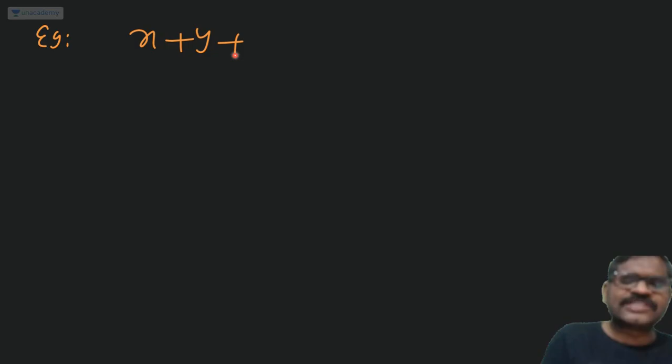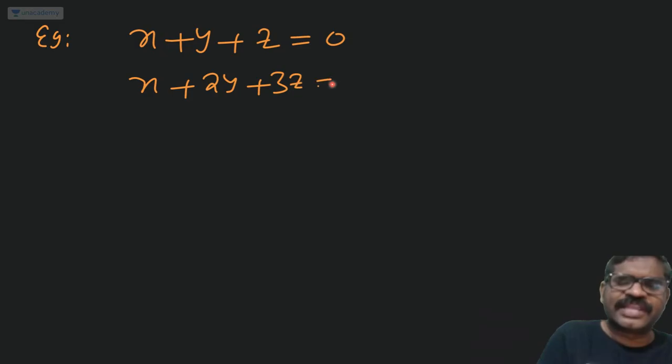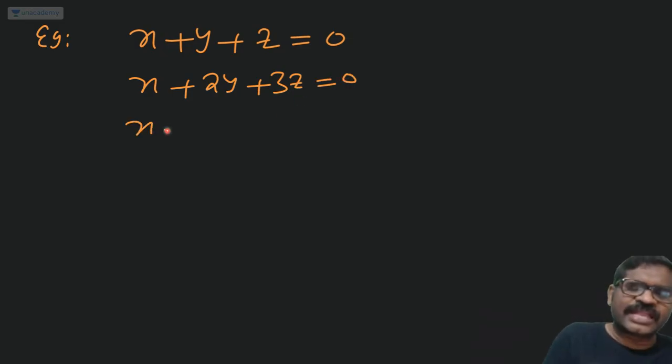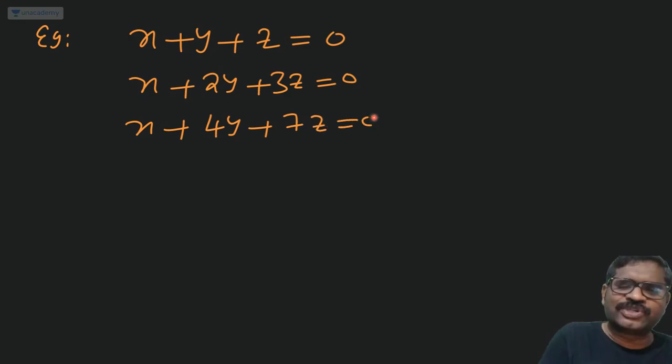Solve x plus y plus z equal to 0, x plus 2y plus 3z equal to 0, x plus 4y plus 7z equal to 0.